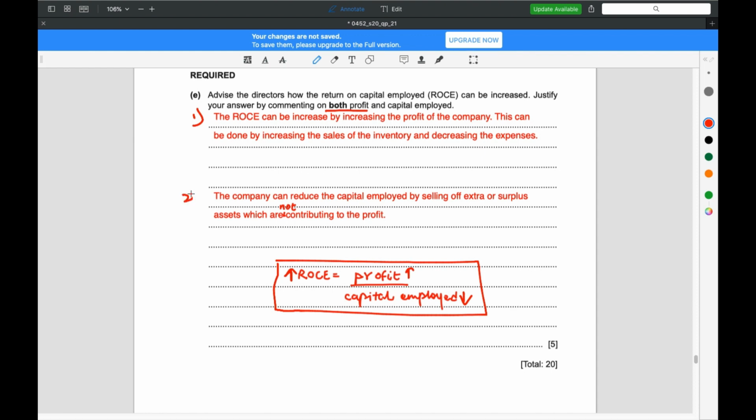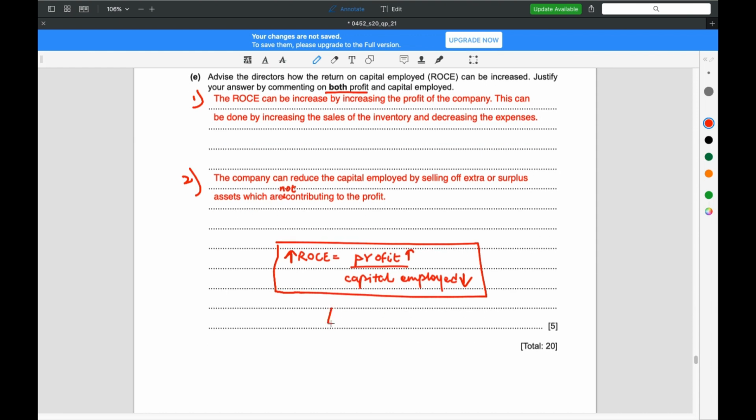Another way of increasing the ROCE is by decreasing the capital employed. The company can reduce the capital employed by selling off extra or surplus assets which are not contributing to the profit. We did this above. Capital employed is total assets minus current liabilities. So if you decrease the total assets, then the capital employed will decrease.